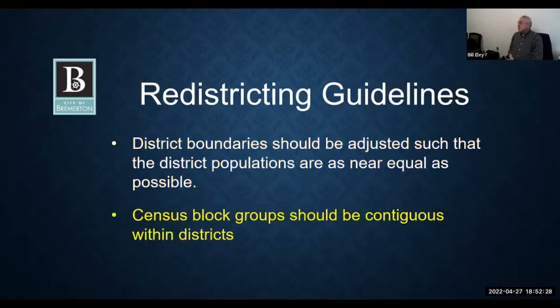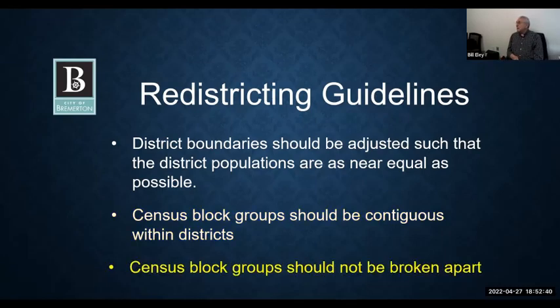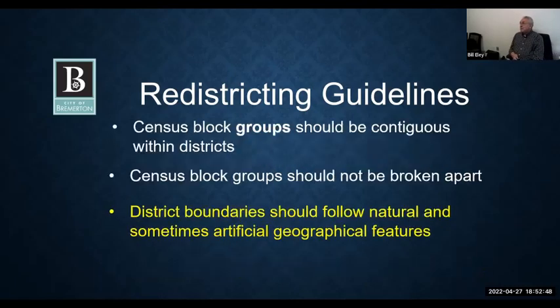Census block groups should be contiguous within districts. You can't move a census block group into the middle of another district; you can only move contiguously. And census block groups, since that's the only reference we have with the Census Bureau, cannot be broken apart.